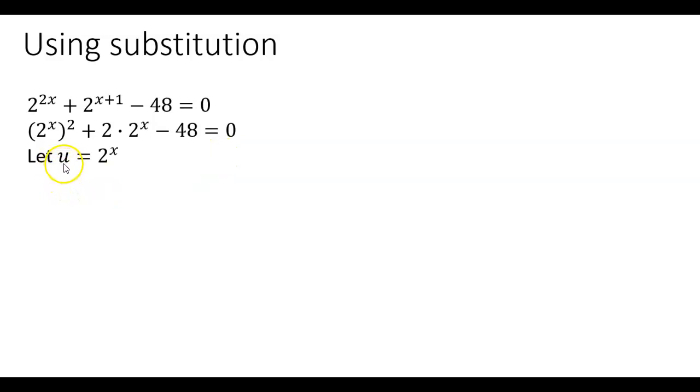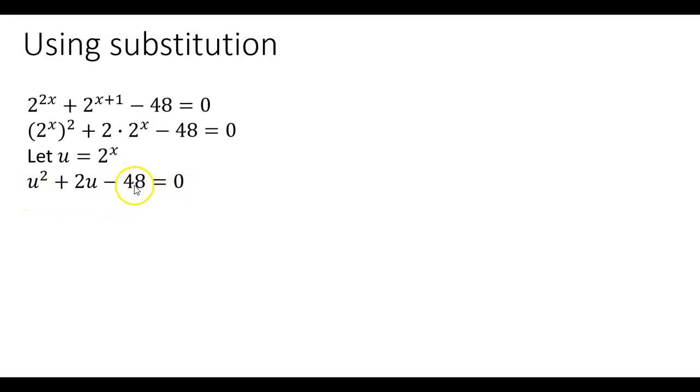I'll use the variable u. There's no specific reason I used u. I'm going to let u equal 2 to the x. Wherever I see a 2 raised to the x, I'm going to replace that with u. So I'm going to have u squared plus 2 times u minus 48 is equal to 0. Now we have a nice quadratic function that we can solve.